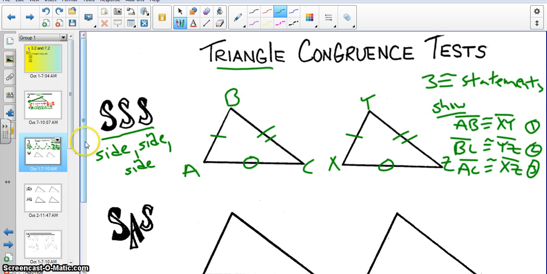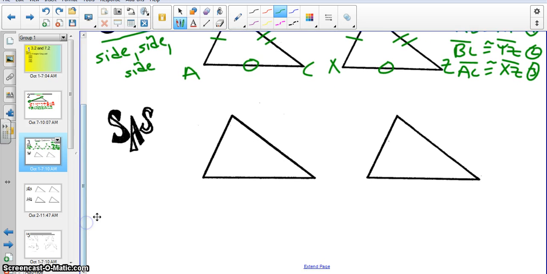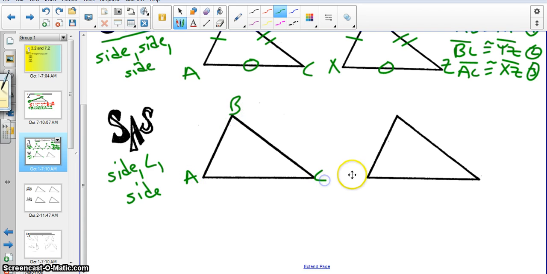Our second postulate, SAS, is side, angle, side. So again, I have triangles ABC and XYZ. I have to show three congruent statements. So if I show that the corresponding sides AB is congruent to XY.